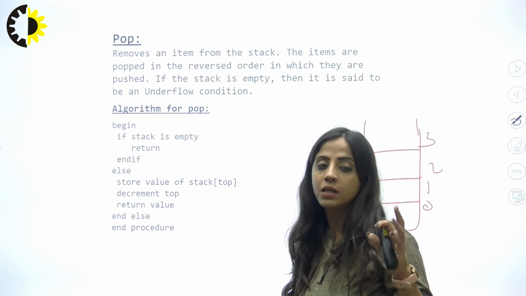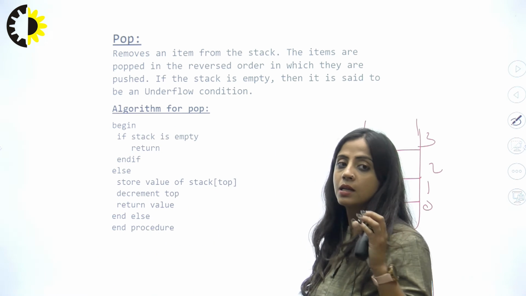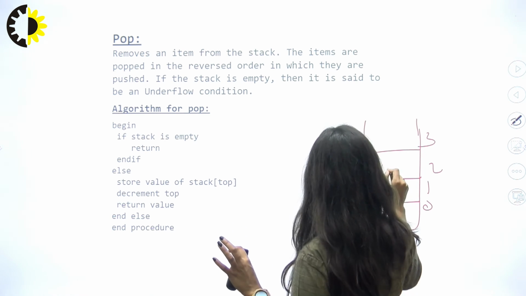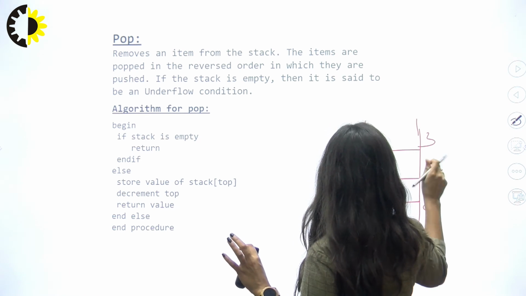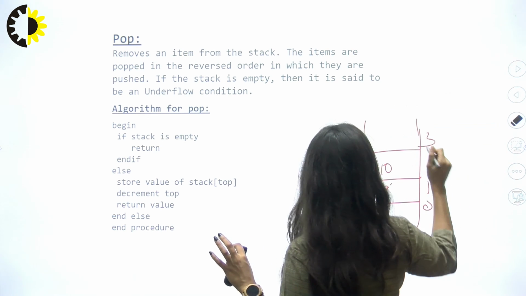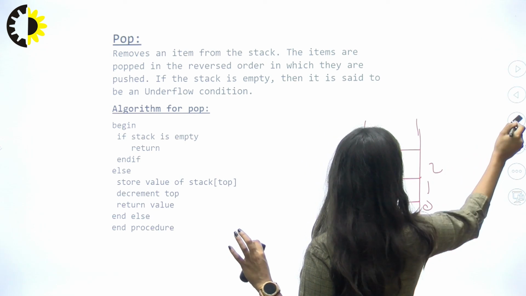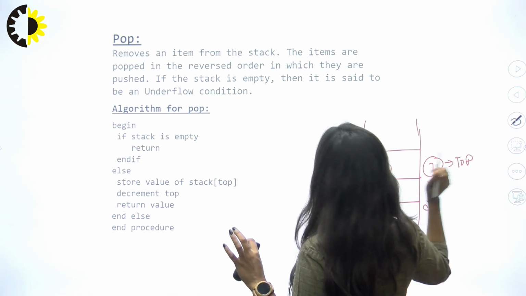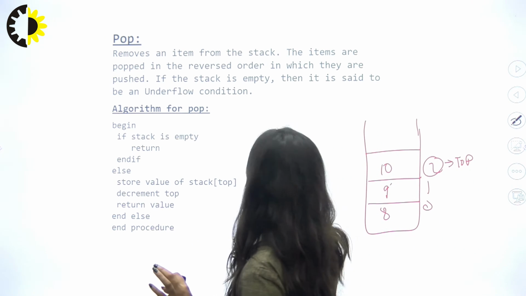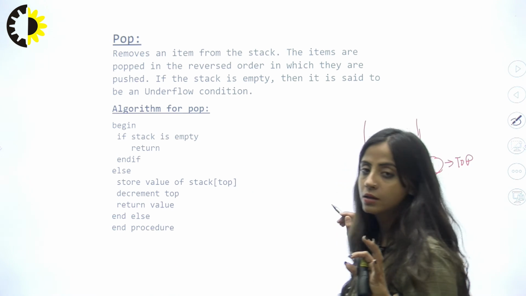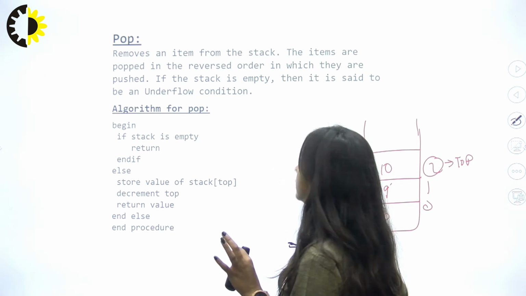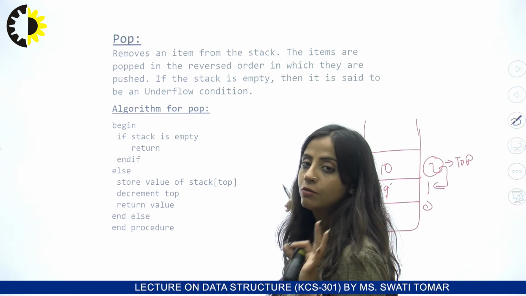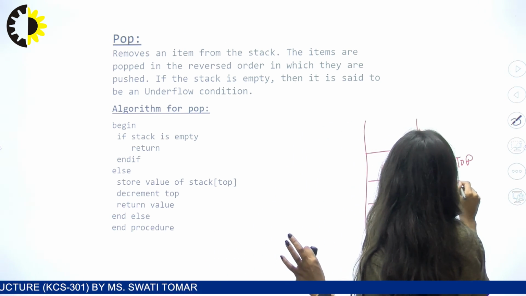If stack is empty, return. Else, suppose this is not the case, this is my stack: 8, 9, 10. This is my topmost element. So what I will do here is decrement the value of top. My top will be pointing at 1 now. Previously it was pointing here.